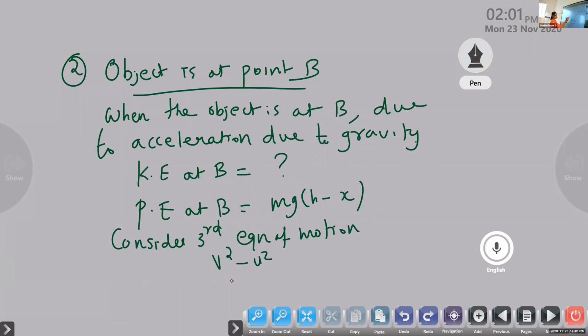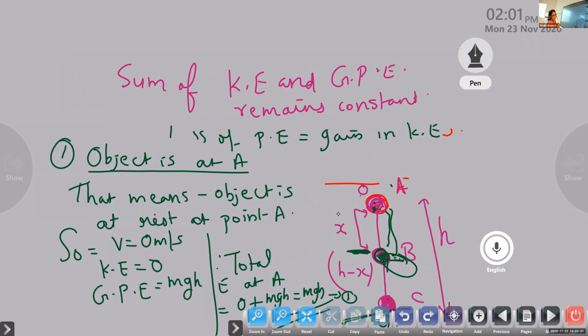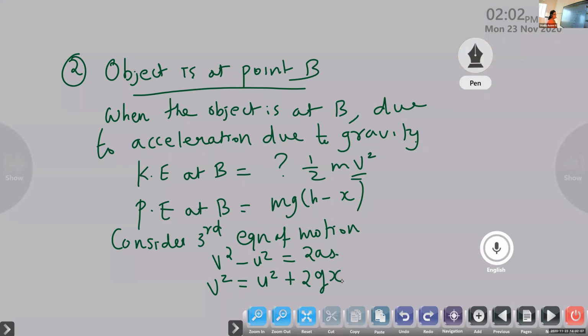Here you have to find the kinetic energy. Our equation is half m v squared, so you first have to find v. For that we use this equation: v squared equals u squared plus 2as. The acceleration is g, since it is coming in the direction of the gravitational force, so it is positive g. And the distance covered at this point we assume is x, so s equals x, giving 2gx.